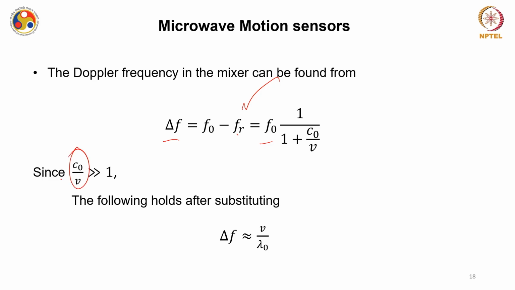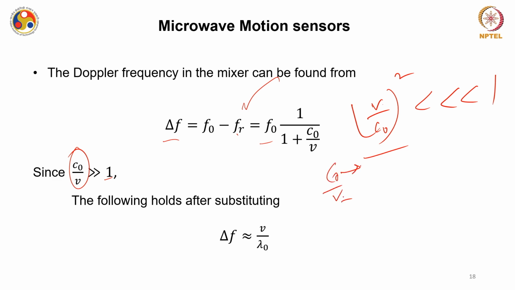Now, since this value is much higher as compared to 1, you remember that we have taken V by C naught square as a negligible amount as compared to 1. Now, this term is just reverse, C naught by V. This is very high and this is very small. So, this term is much higher as compared to 1.